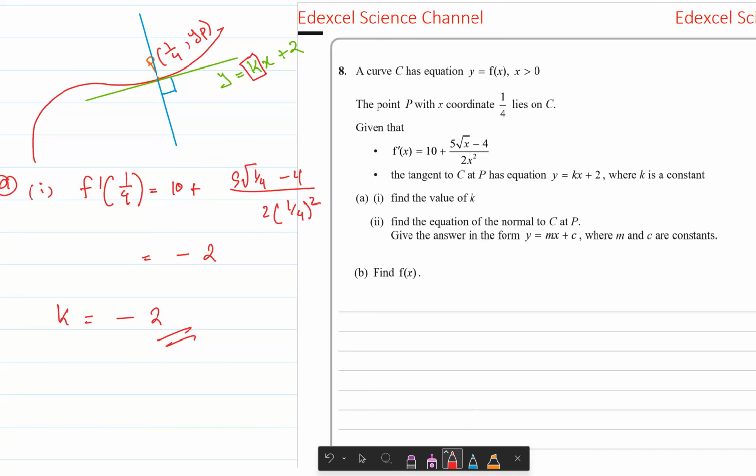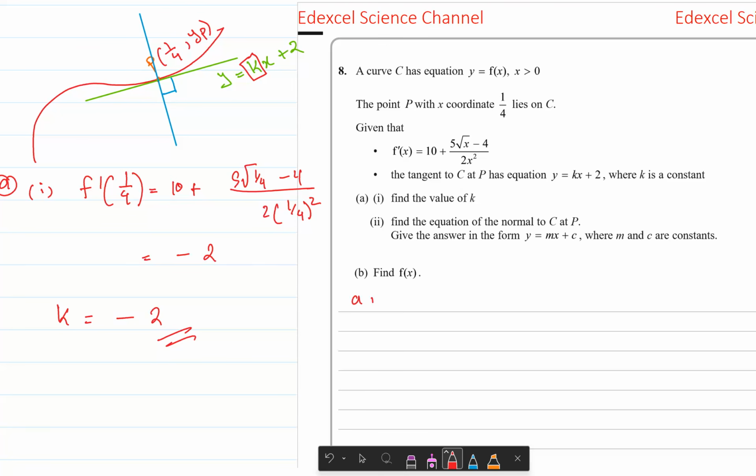Now, to find the equation of any straight line, you basically need two pieces of information: the gradient of that line, and one point on that line, any point on that line. It doesn't matter. So I know the point, but the gradient is not given to us, but I can find it.